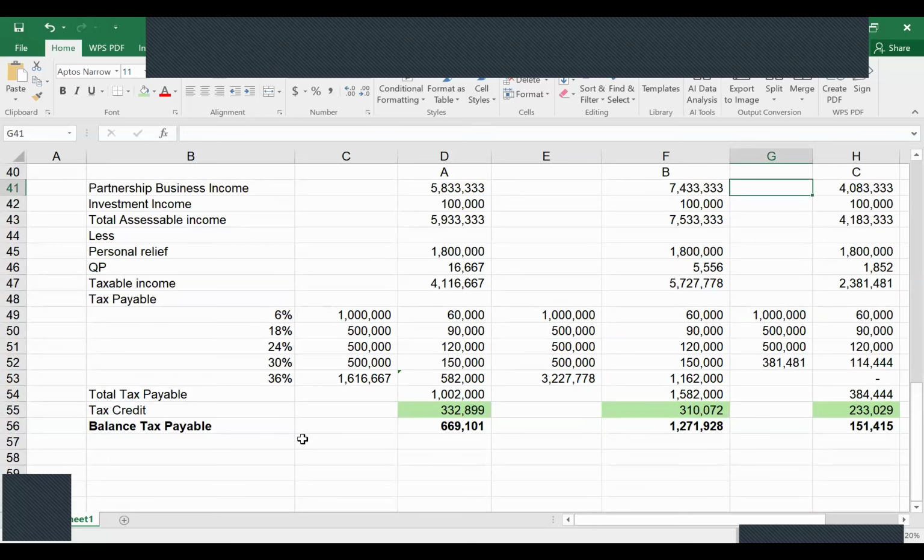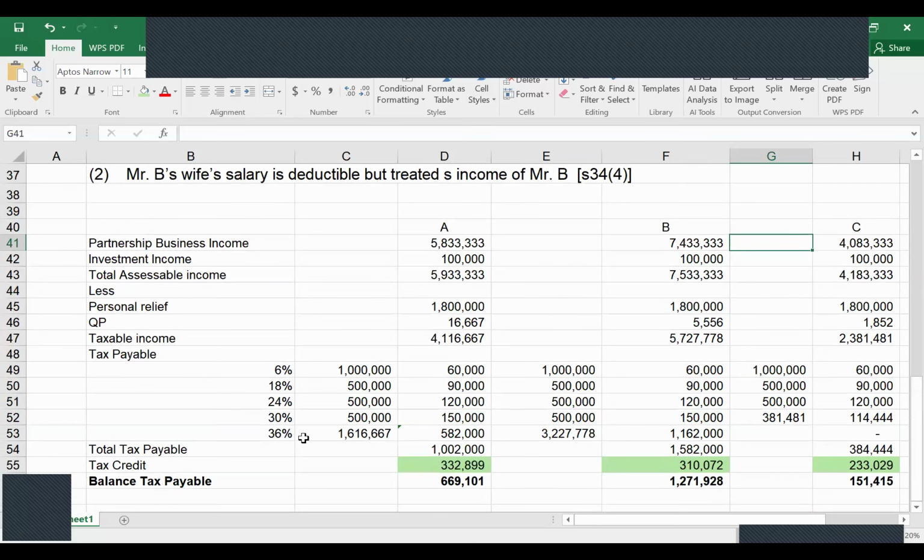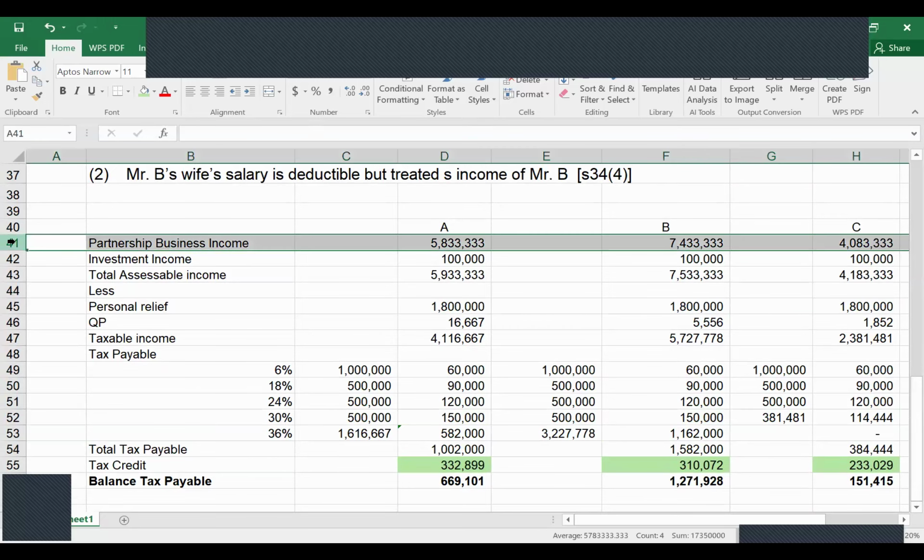After that it is very easy because it is very similar to individual income tax calculation. So if partner A has an assessable income from employment, we have to include it here.